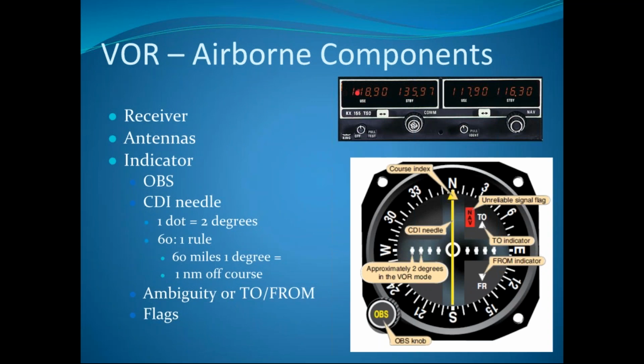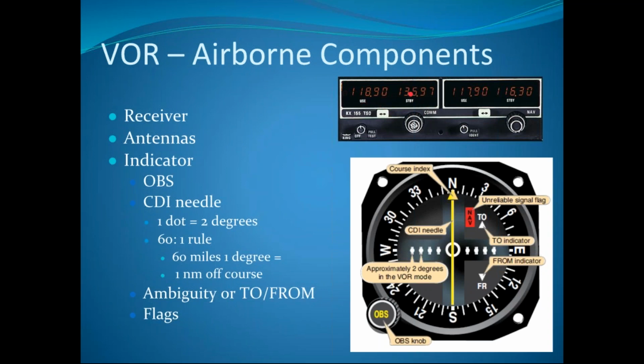So the first one, the one where it says use here, this is what the pilot is currently using or tuned into. If he hits this white button with the double arrows on it, then it'll take this frequency on standby and swap these two frequencies.